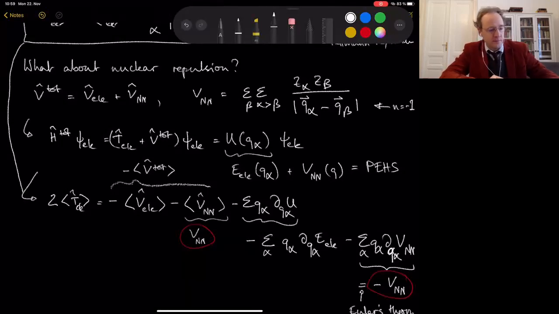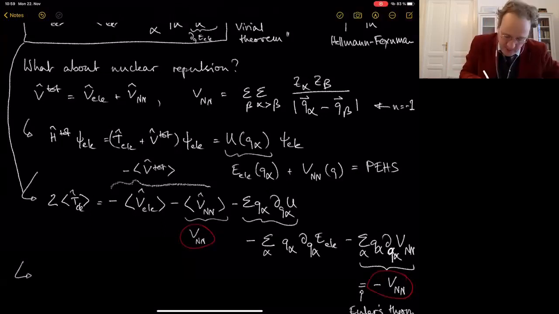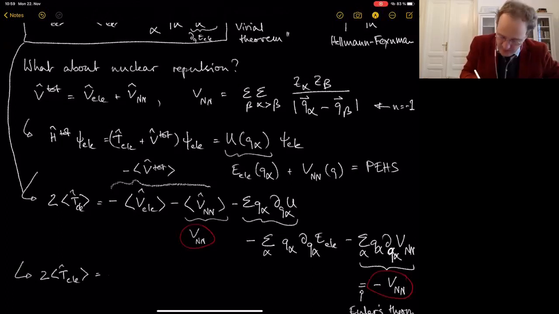So, in short, 2T Ele minus V Ele minus sum over Q alpha dQ alpha E Ele.